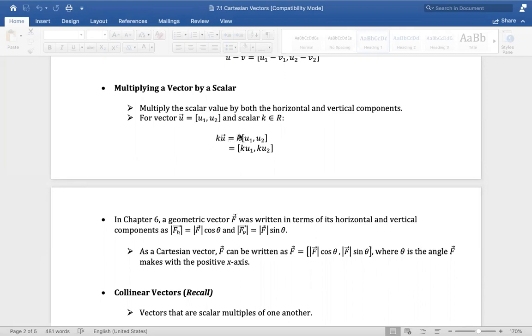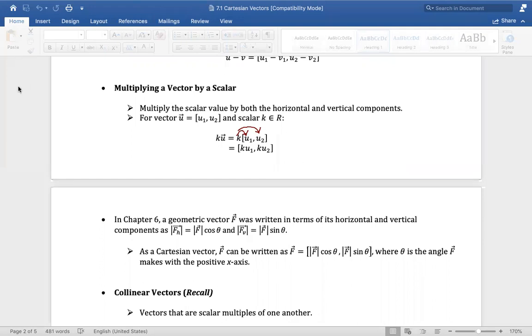I take the constant k, the scalar, and it's multiplied by the horizontal component and the vertical component. So it's just the distributive property here. I just take that k value and multiply it in. So then I have k times u1 and k times u2. And we'll do an example of that.